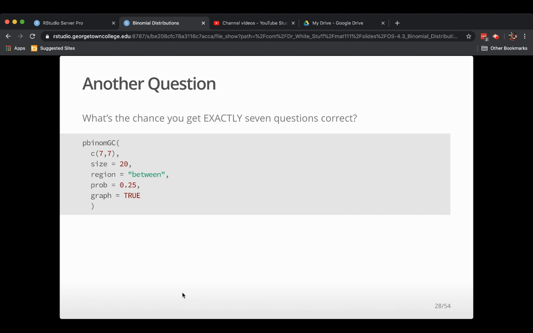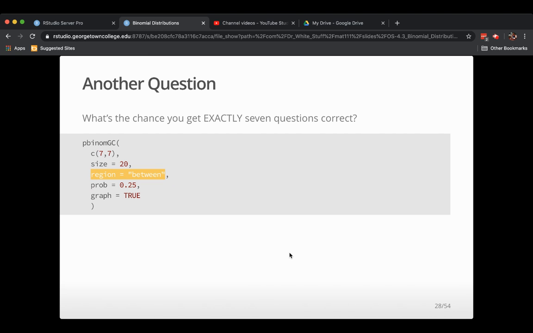What's the chance you get exactly 7 questions correct? Is there a way of answering that question? Yes, there is, if you use region is between and a little trick. pbinomGC. Throw in your 2 boundary numbers, but they're both 7 with region is between.